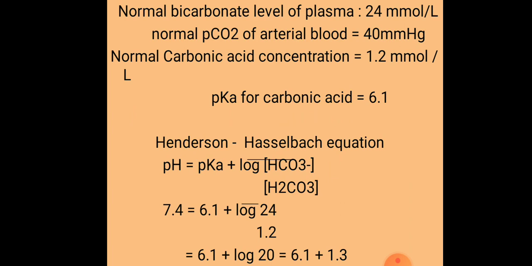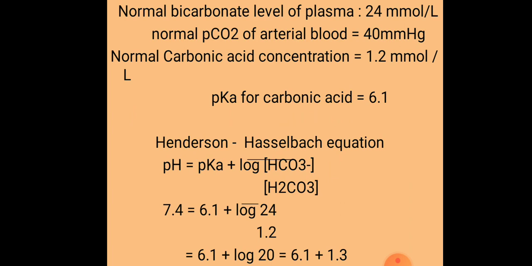Now, the normal bicarbonate level of plasma is 24 millimoles per liter, the normal partial pressure of carbon dioxide of arterial blood is 40 mmHg, and the carbonic acid concentration is around 1.2 millimoles per liter.